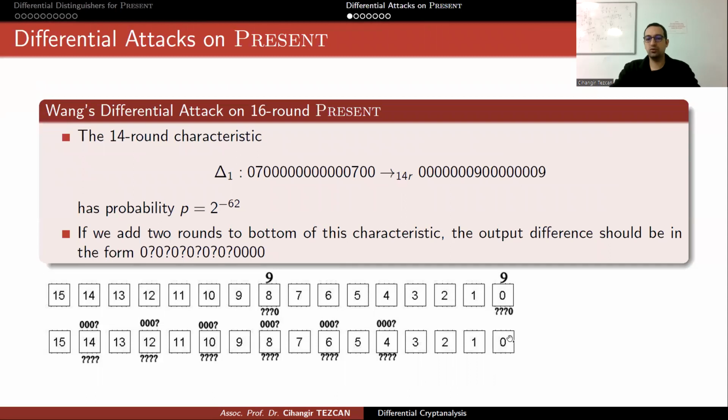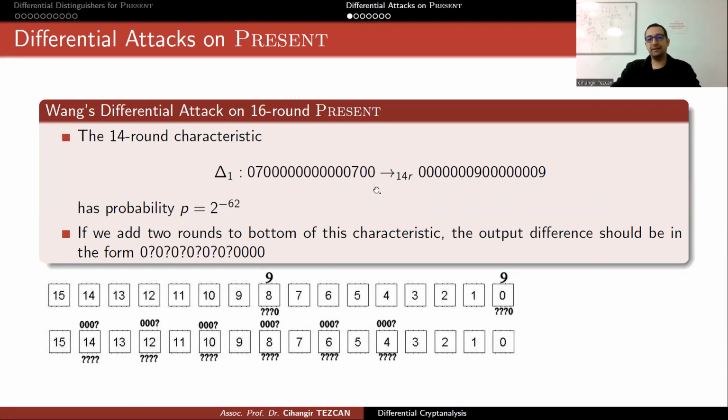So you should know the round keys that are affecting these two parts, to try to capture them. But long story short, we realize that if you add 2 rounds, with probability 1 these differences can affect only these parts. So these other parts will have 0 differences. This is important because I have control of the input, right?